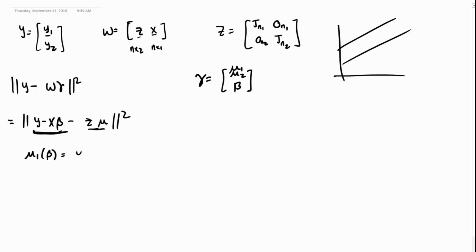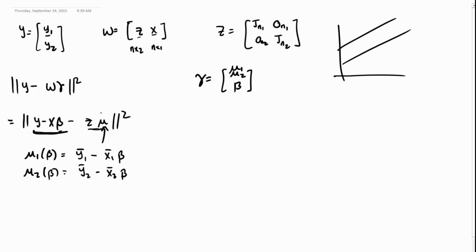So that has to be y1 bar, the group 1 mean for the y's, minus x1 bar beta. And then mu2, the mean for group 2, as it depends on beta, has to be y2 bar minus x2 bar times beta.